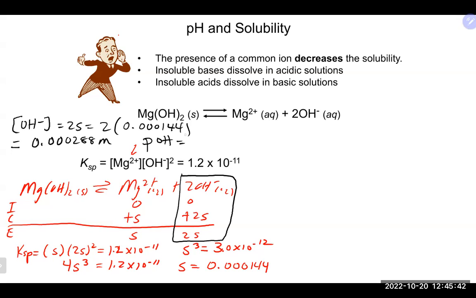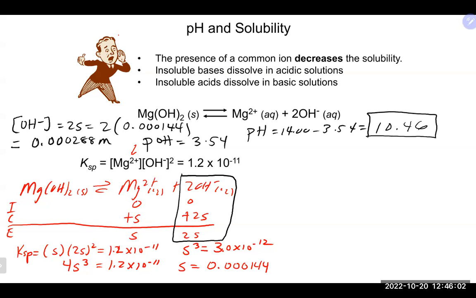we'll call it 3.54. And that would then give us a pH of 14 minus 3.54. So that is a pH of 10.46. That pH represents the pH of that solution.